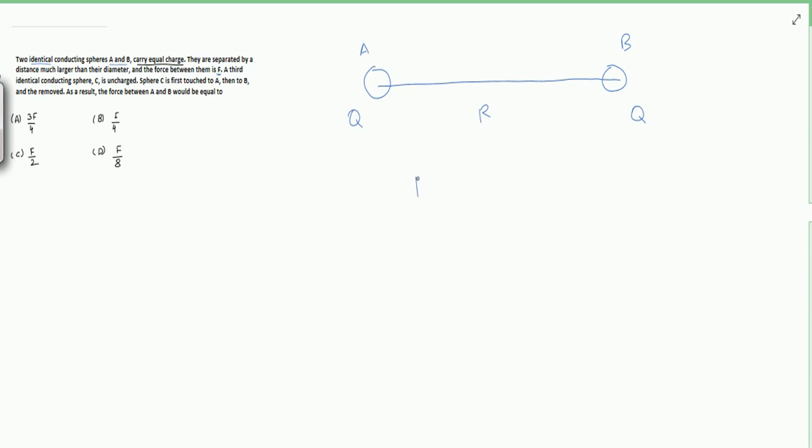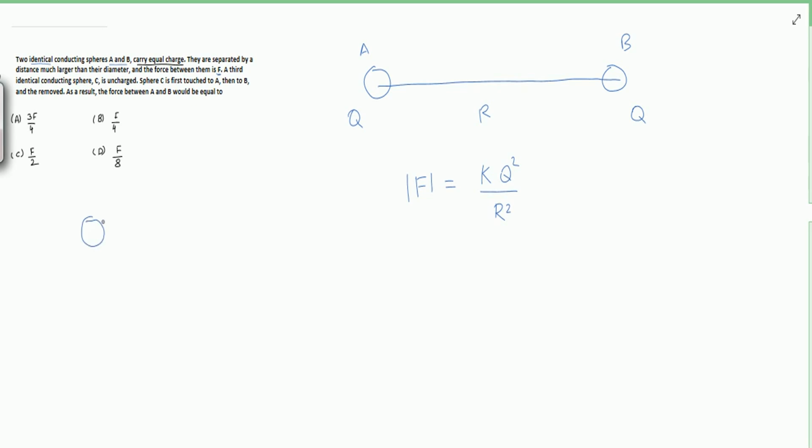So the magnitude of force acting on them by Coulomb's law is kq square divided by r square, as you know. Now an uncharged sphere is brought and touched to A.